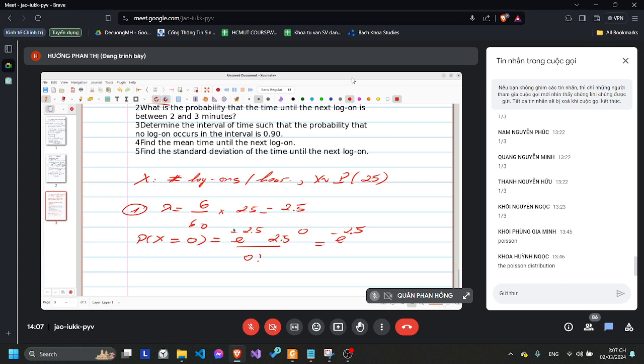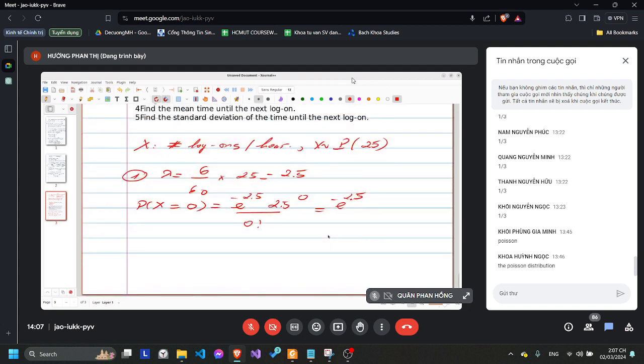This is the first approach. How about if we use the exponential distribution? It said no lock-ons in the interval of 6 minutes. It means from the beginning until 6 minutes you have no lock-ons, so the first lock-on will surely be recognized after 6 minutes.